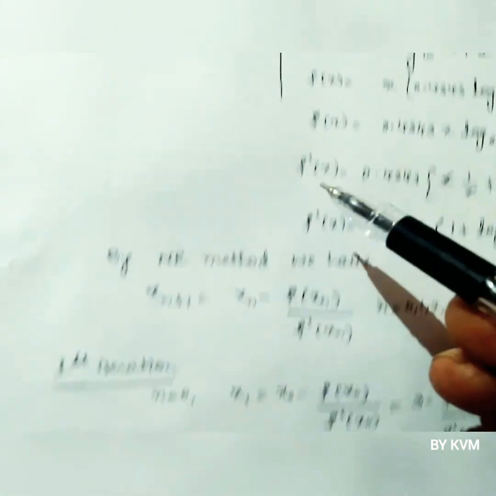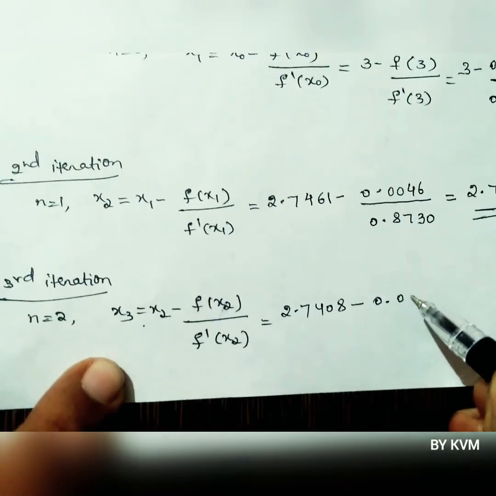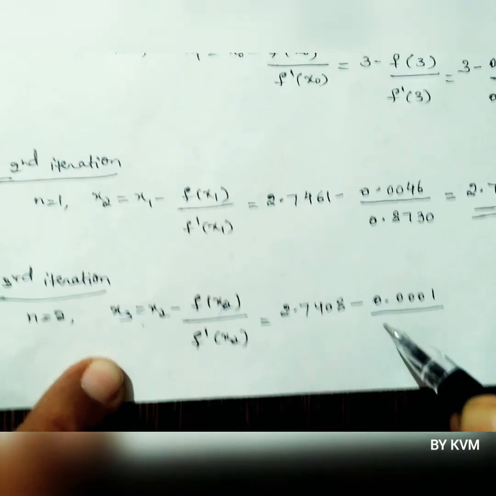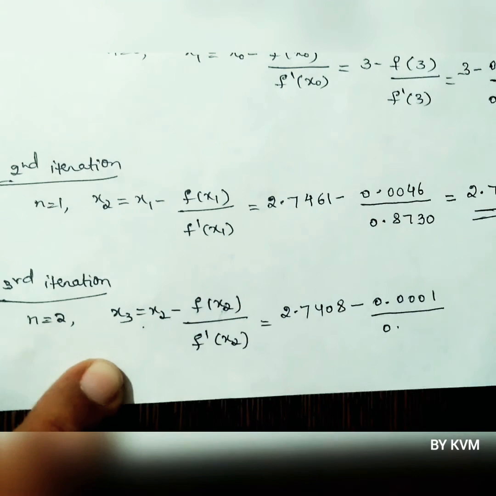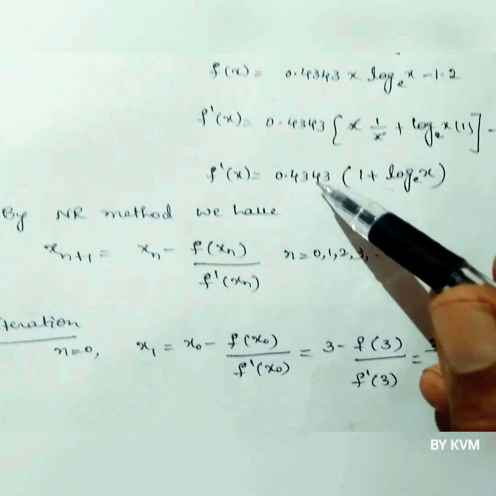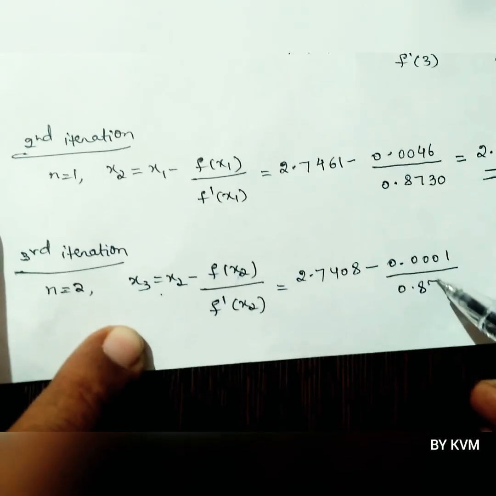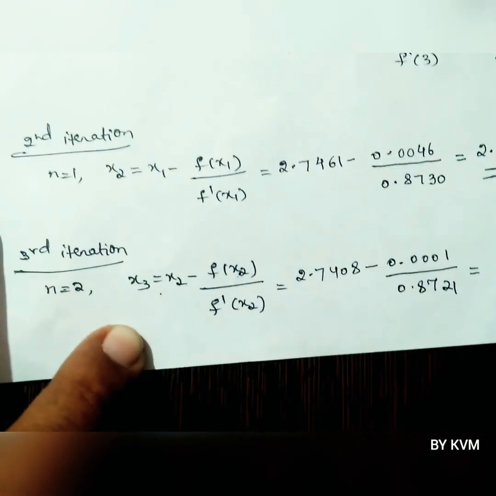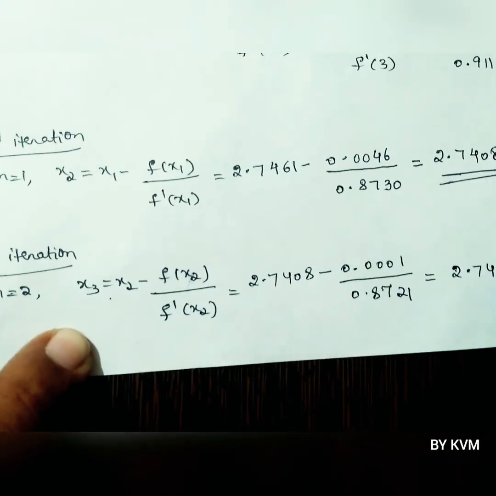Substituting in f of x we get 0.0001 by f dash of 2.7408. Substituting in the equation for f dash of x and using the calculation we get 0.8721. After simplifying we get 2.7406.